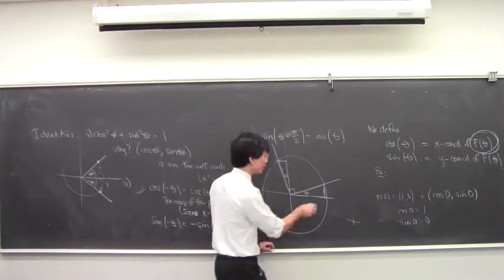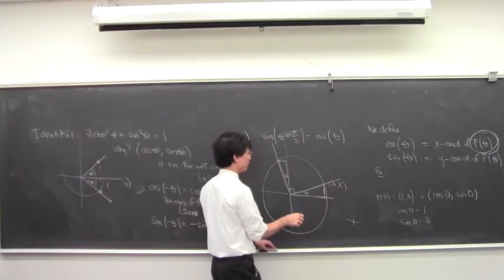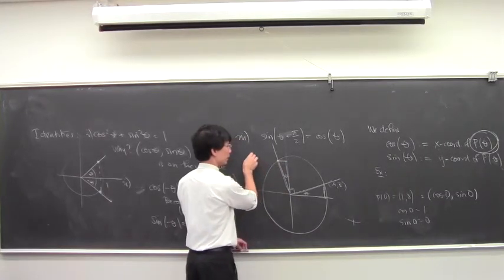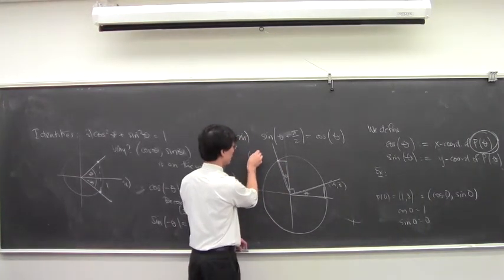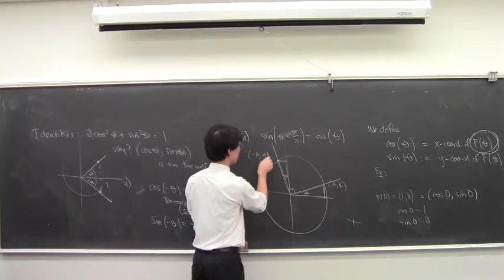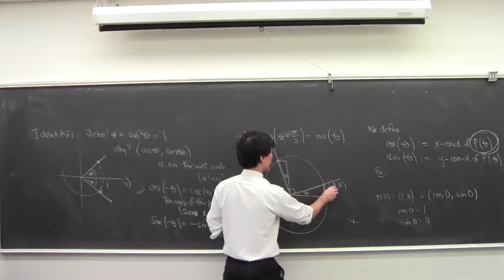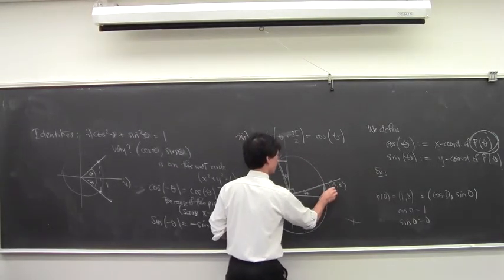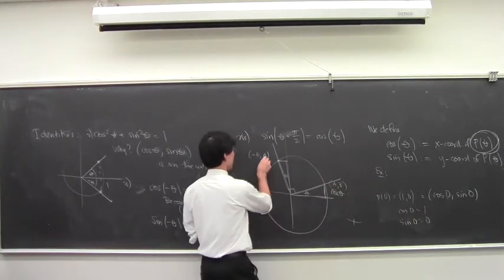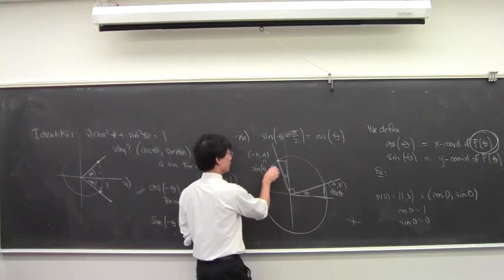If this is (a, b), what's this thing here? This is going to be (negative b, a). And so the cosine of theta equals the sine of theta plus pi over 2.